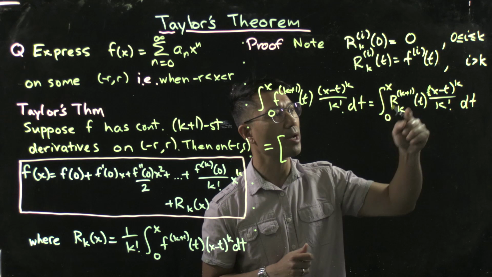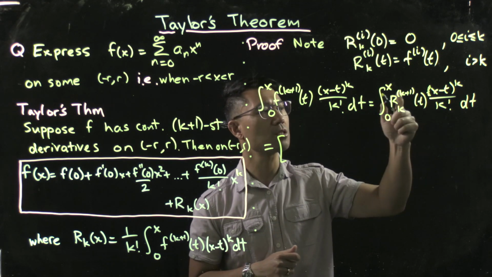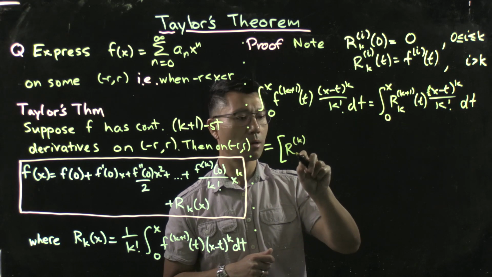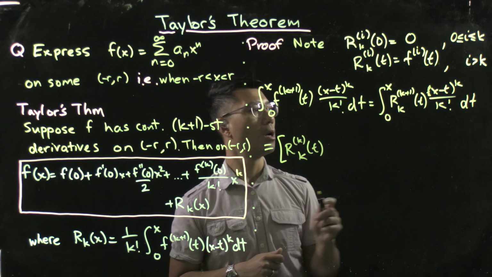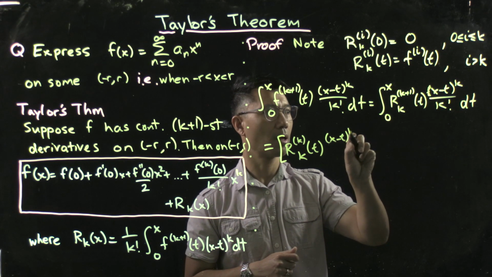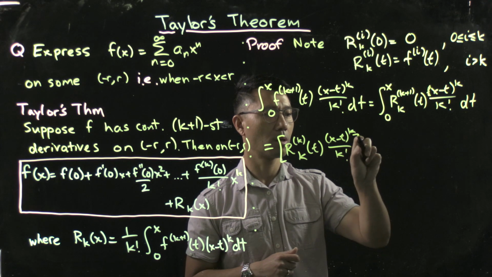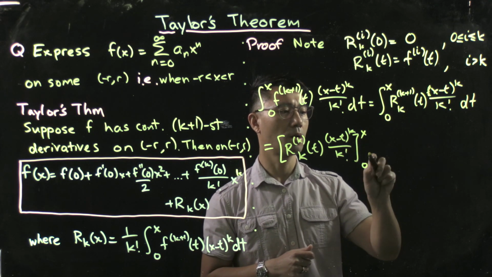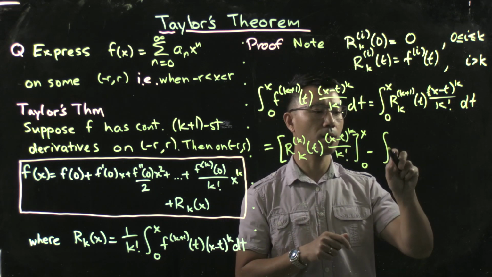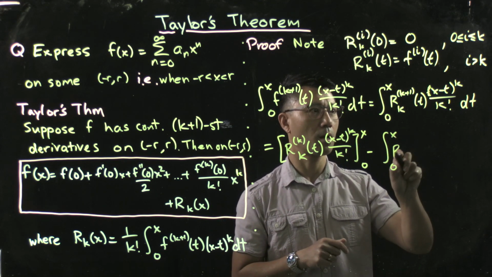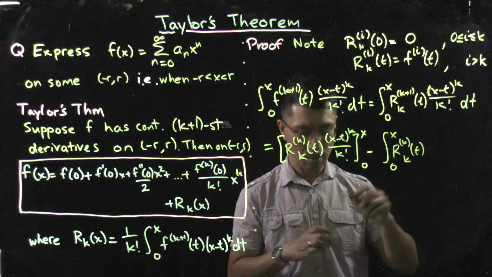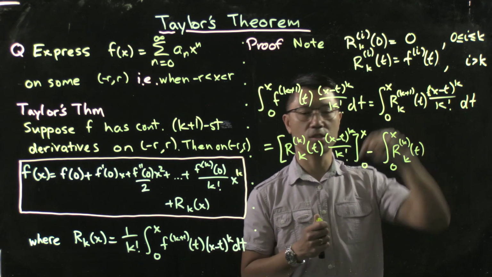What we're going to do is integrate this term. The integral of this we can pick to be the kth derivative of r_k. Then we have this term here, which is (x minus t)^k over k factorial, and we'll look at the values from x to 0. And then we have to subtract the integral from 0 to x of r_k^(k)(t) times the derivative of this term.